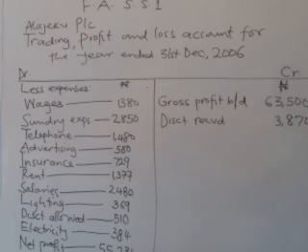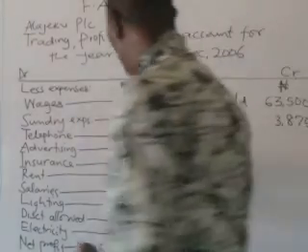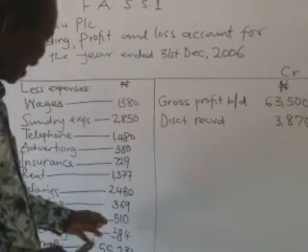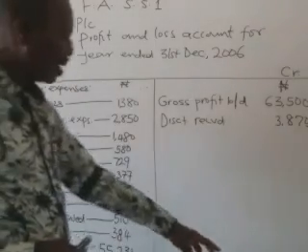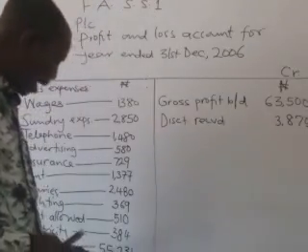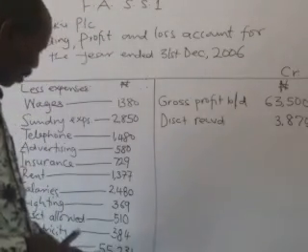From the addition of these two figures, we now subtract all the expenses here. When you add the expenses together, you subtract this figure from this.